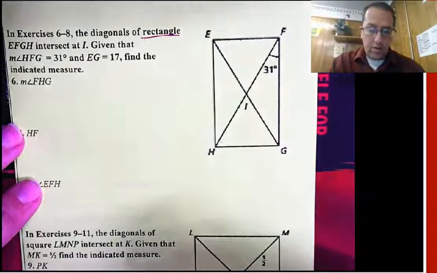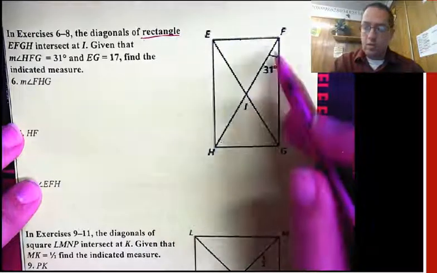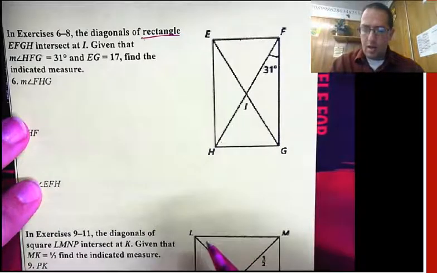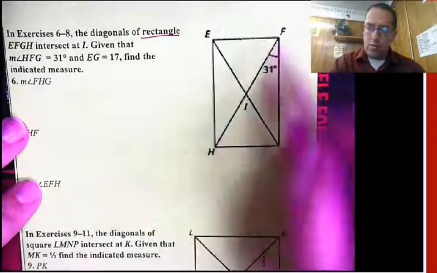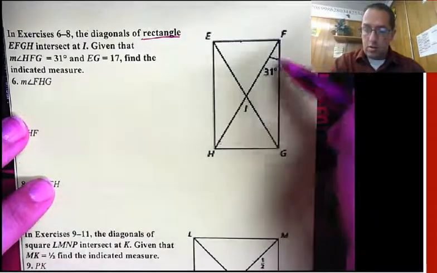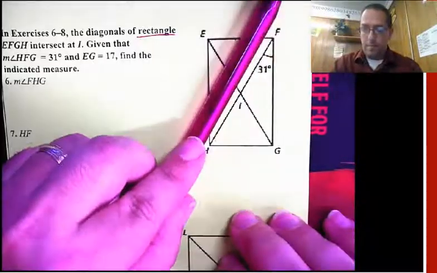So first we need to find the measure of angle FHG. So FHG, this angle right here, that's what we're looking for. A little bit more problematic, isn't it? It's congruent to the opposite angle, which we don't have. But what we can also do is we've got a triangle here, right?